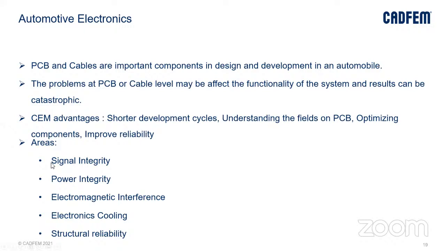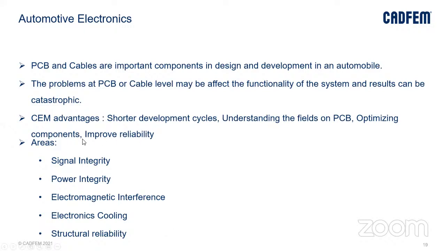In such cases, one needs to address signal integrity, power integrity, electromagnetic interference, electronics cooling and structural reliability. These are all important aspects to look into when dealing with the electronics in any automobile.